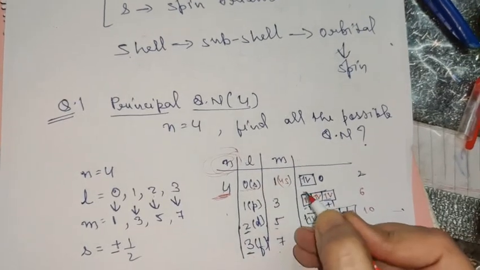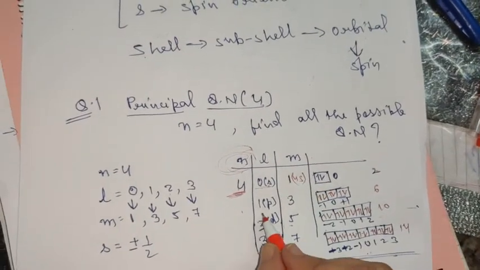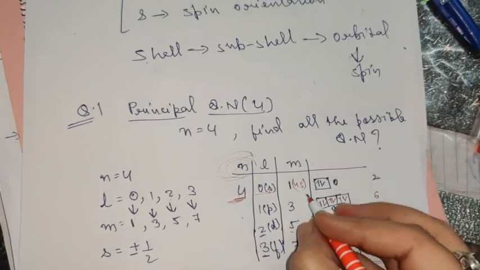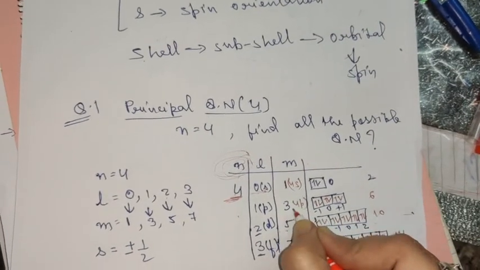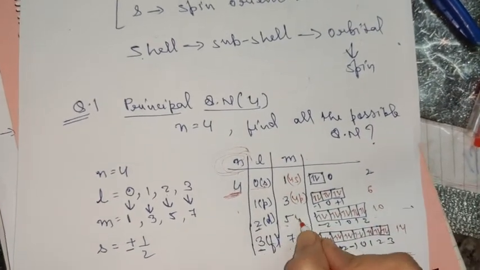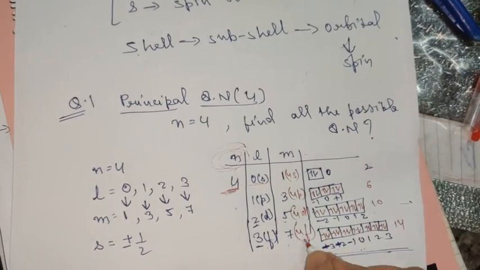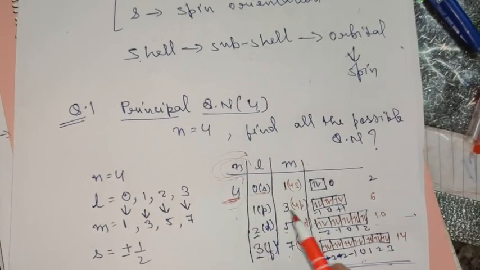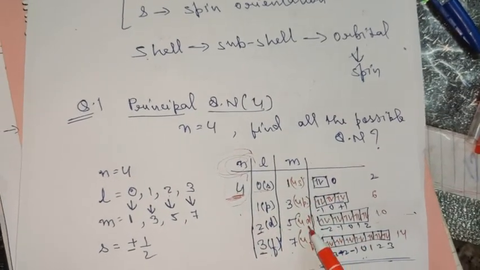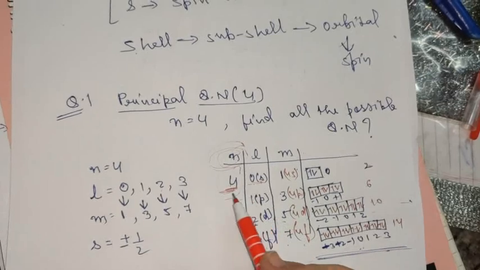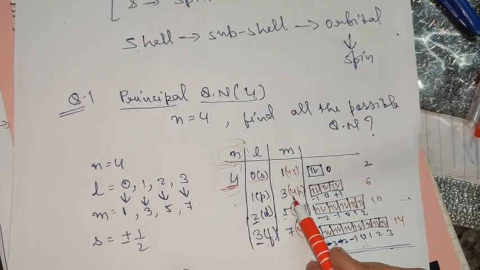The representation is 4s, and for this it is 4p. For this it is 4d. For this it is 4f. That means the fourth shell can have all the four subshells.